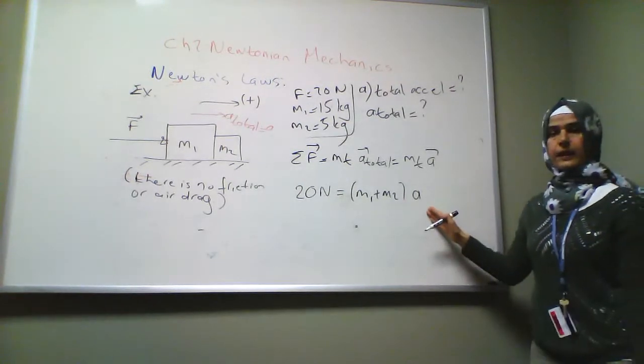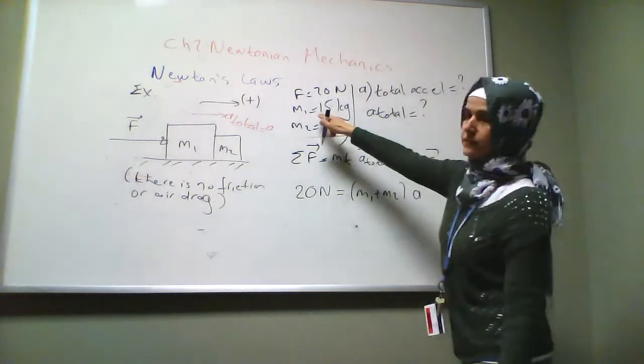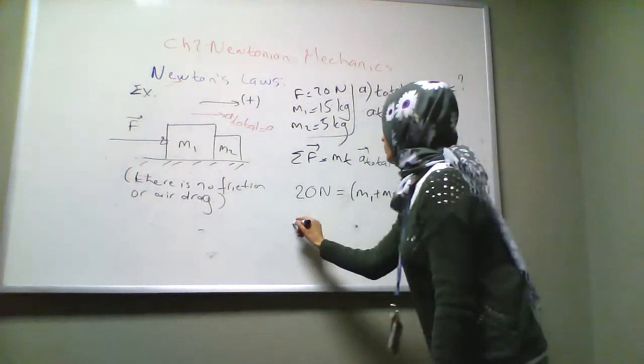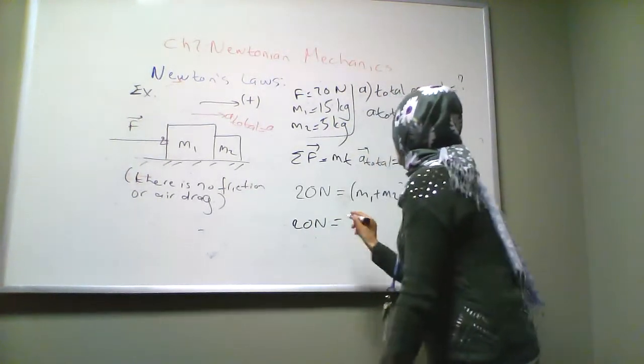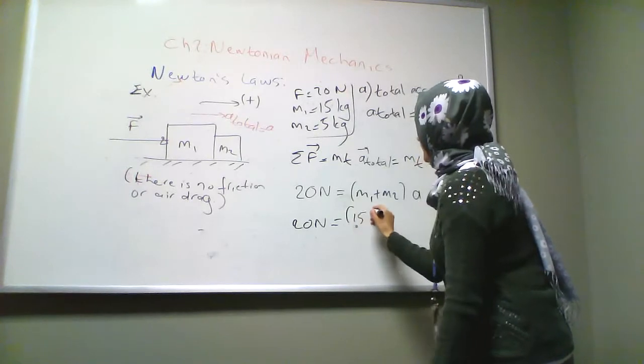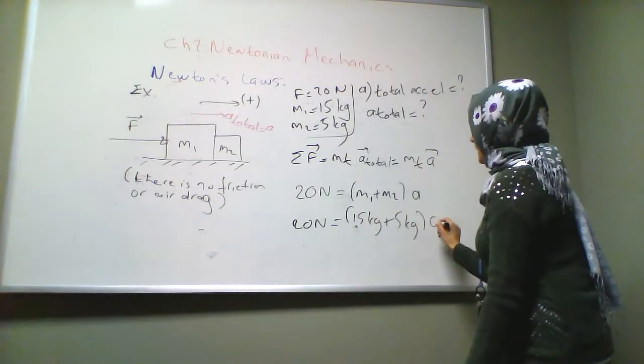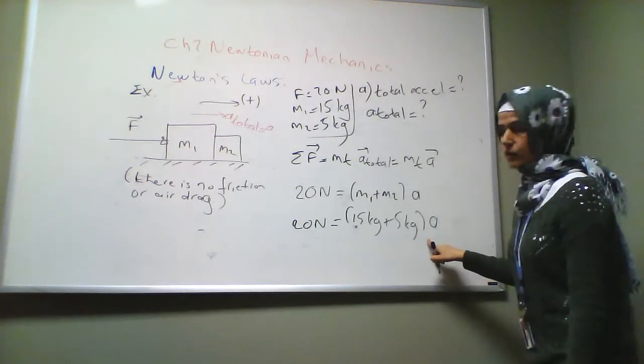From here I can get my A. I know M1 plus M2. M1 is 15 kilogram, M2 is 5 kilogram. So 20 Newton is equal to 15 kilogram plus 5 kilogram times A. This is also 20.